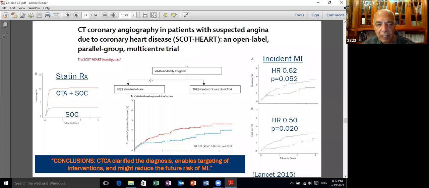Actually, in about 4,000 patients, divided almost equally between standard care, which in this trial was just an exercise treadmill test, or standard care plus CTA. As you see, the outcome, various cardiovascular events, including myocardial infarction, hospitalization, congestive heart failure, and arrhythmia, was less if you do a functional test in association with an anatomical test.